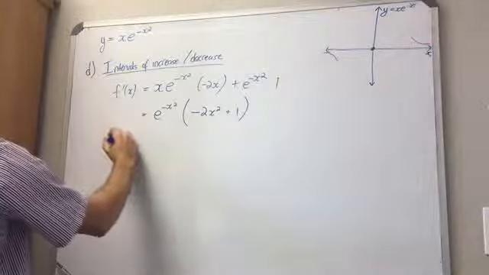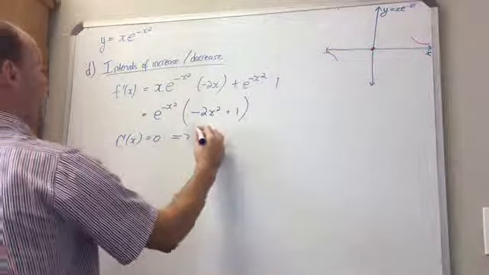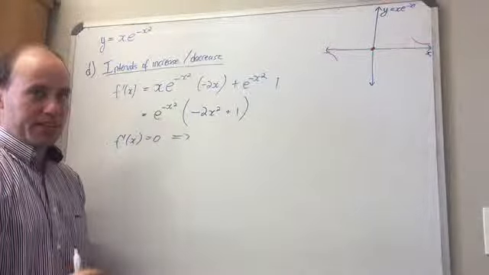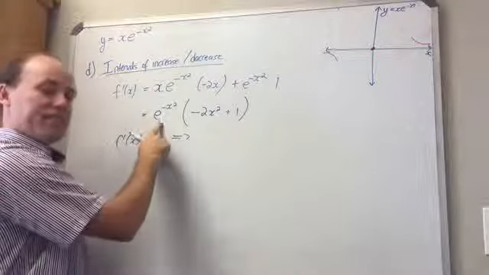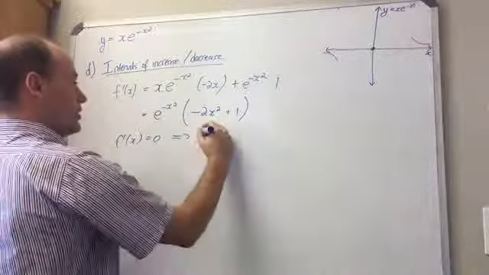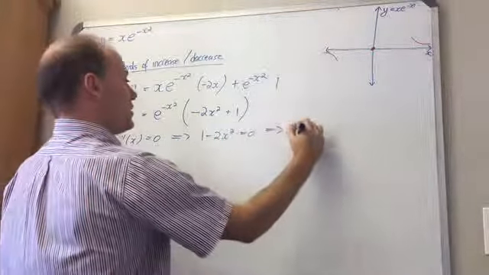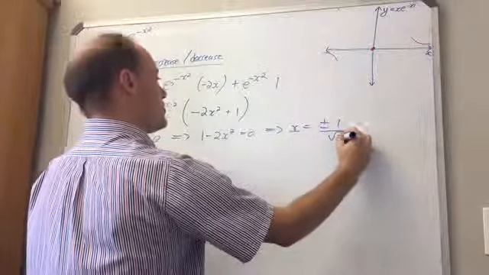So the derivative equals 0 precisely when either this is 0 or this is 0. As I said before, exponentials can never be 0. So he's innocent. This one is guilty. So 1 minus 2x squared is equal to 0, which means that x is equal to plus or minus 1 over root 2.